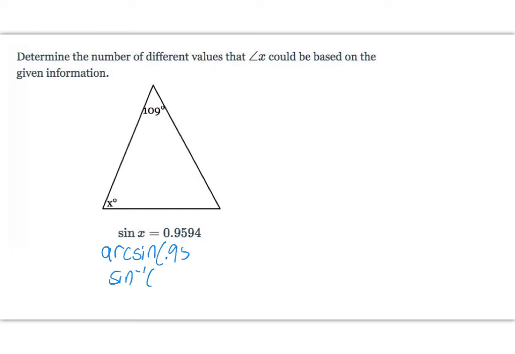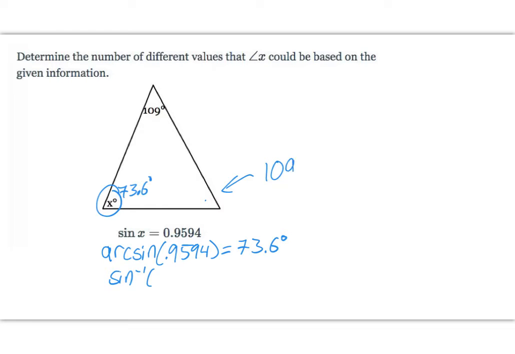0.9594. And that gives us 73.6 degrees. I can already see this is potentially a little bit problematic, because if I wanted this to be 73.6 degrees, I've also got to figure out this angle and see if we can get that to work.